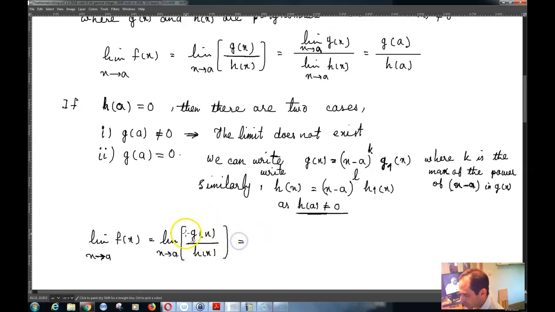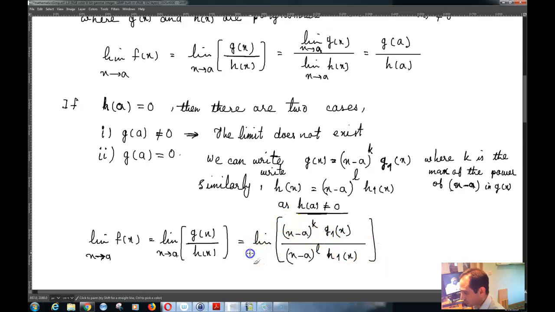And then we said that g of x we could write as x minus a raised to the power k times g1 of x, and h of x we can write as x minus a raised to the power L times h1 of x, as x tends to a.